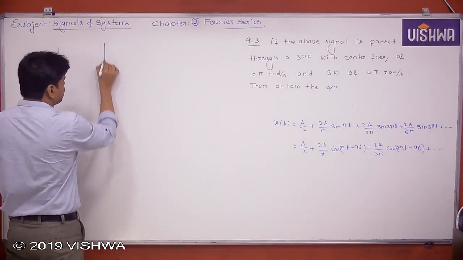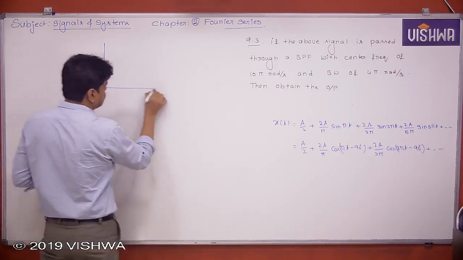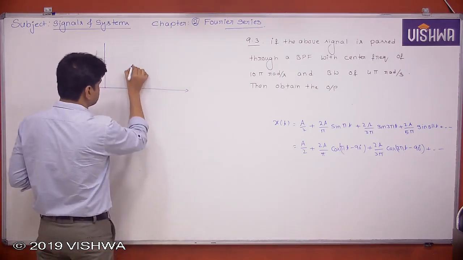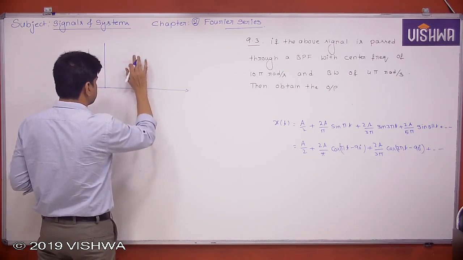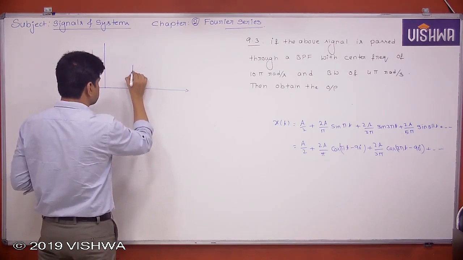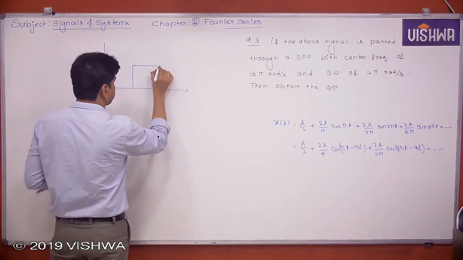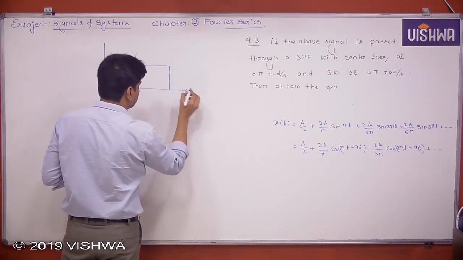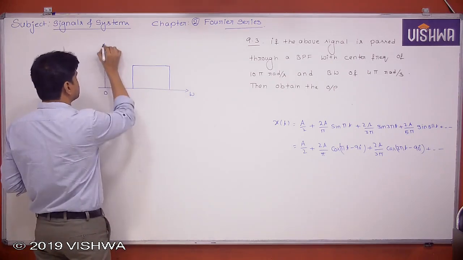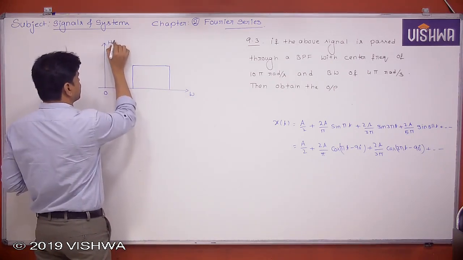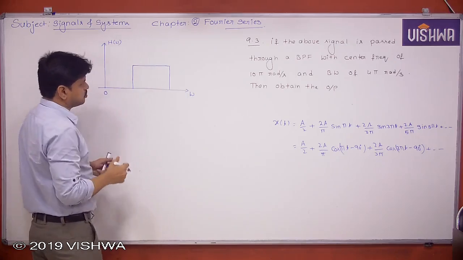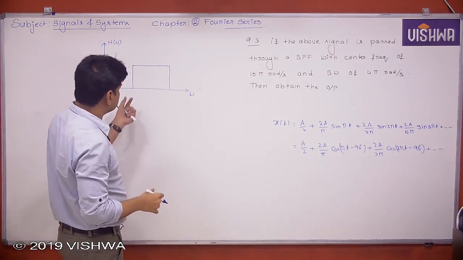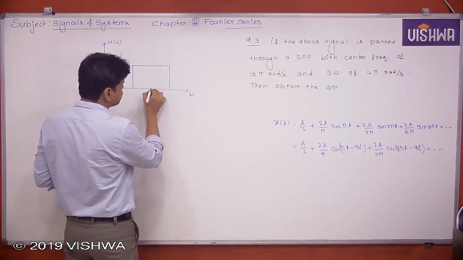If it is a band pass filter, this is how its characteristics look. Let's say H of omega, with omega 0. So what is the center frequency they said?